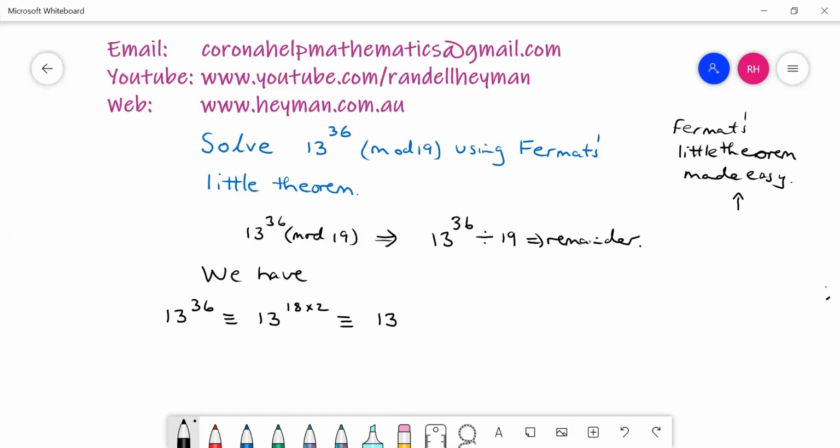So it's fine to just go 13 to the 18, squared, and everything I've done here is modulo 19. So what we're saying is that the remainder of this number when we divide by 19 is just going to be the remainder of this number when we divide by 19. Okay, good.